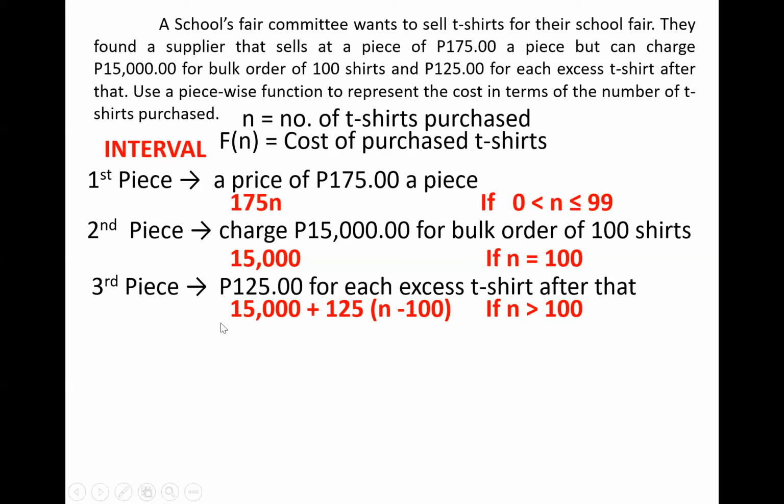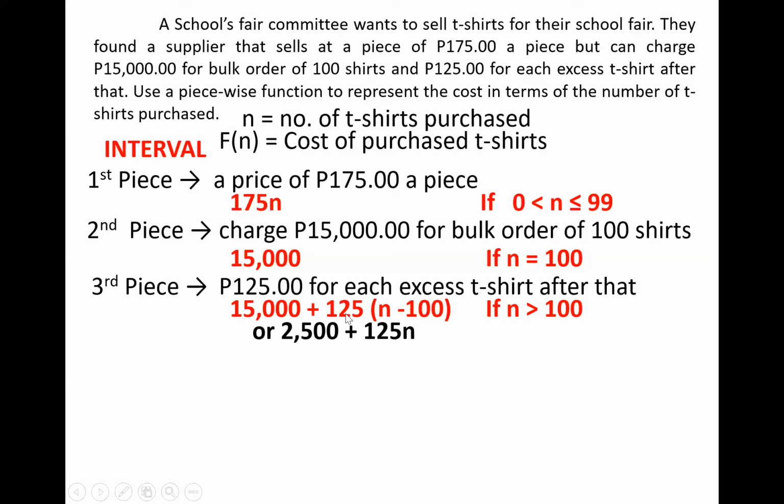Now, kung gusto ninyo ang 15,000 plus 125 n minus 100 quantity, pwede nating isimplify as 2,500 plus 125n. Paano nangyari yun? Si 125, imumultiply natin siya sa quantity n minus 100.